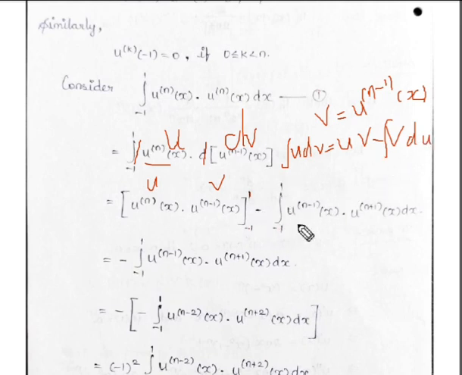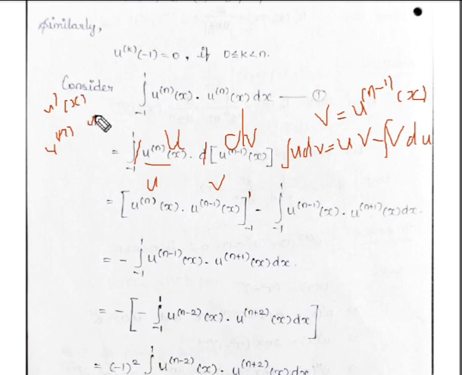Minus integral from minus 1 to 1. What is v? u power n minus 1th derivative of x. What is du? u is u power nth derivative of x, which means it is not a power, it's a derivative. So du means differentiate this. Differentiate u power nth derivative. If we differentiate u dash again, it becomes u double dash.